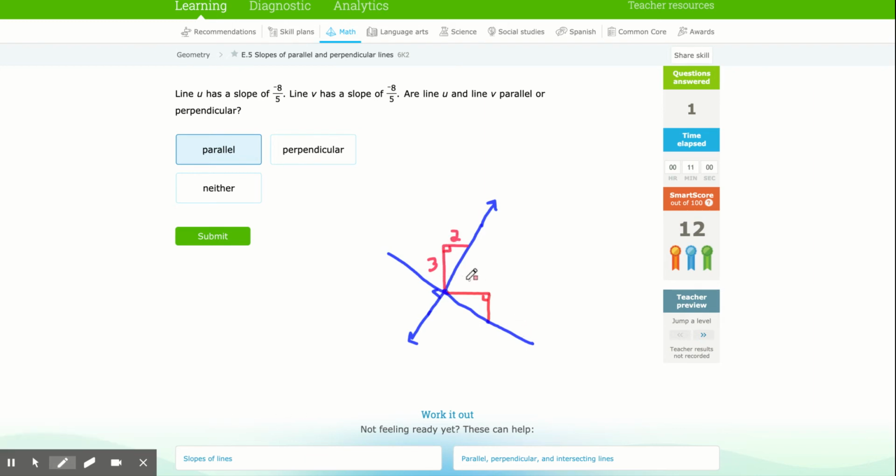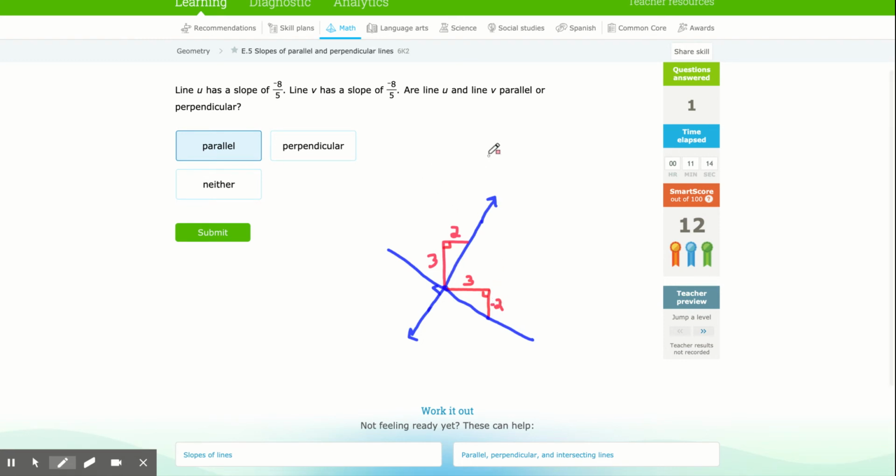But now let's think about what happened to my rise and my run. My rise became my run, and my run became my rise. And instead of going up, I'm going down. One of these is negative, right? So perpendicular lines have slopes that are opposite in sign and flipped upside down. The perpendicular slope of a negative 8/5 would be a positive 5/8.